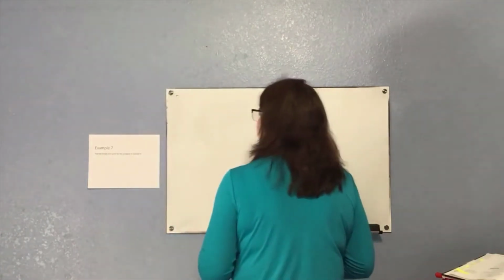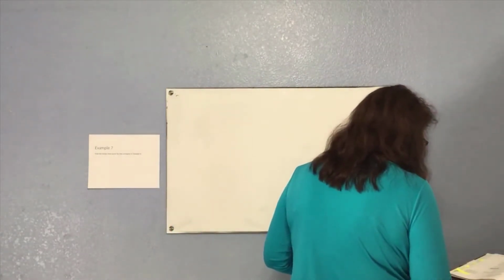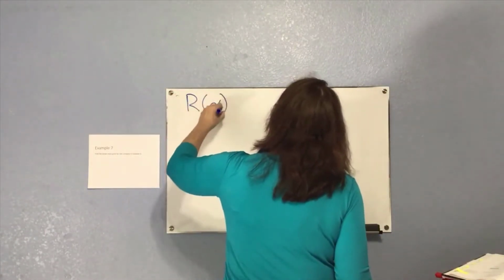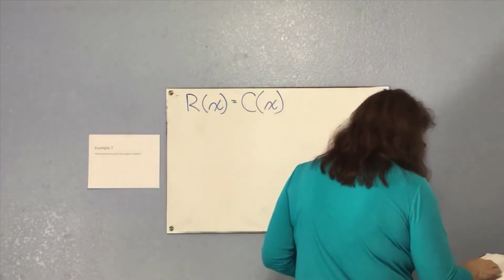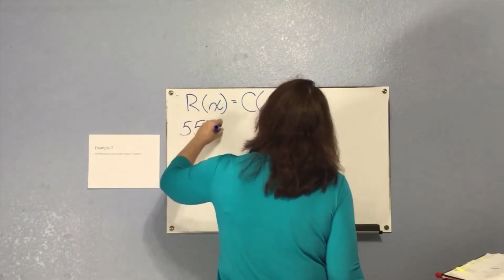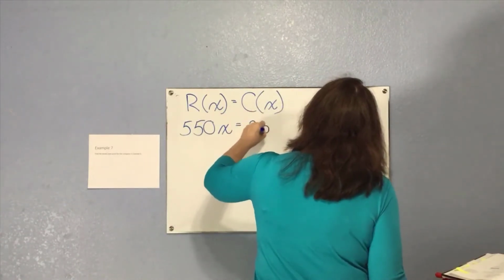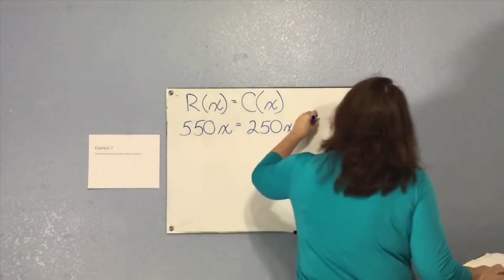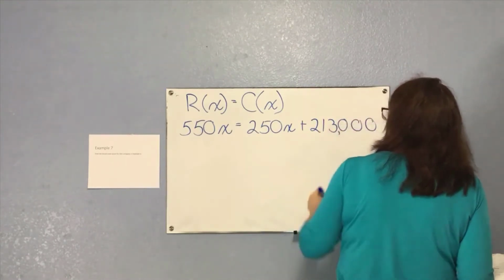So we're going to look at this last example that we did with the televisions. And we want the revenue to equal the cost. At that point, we'll break even. So our revenue was 550x, and our cost was 250x plus $213,000.